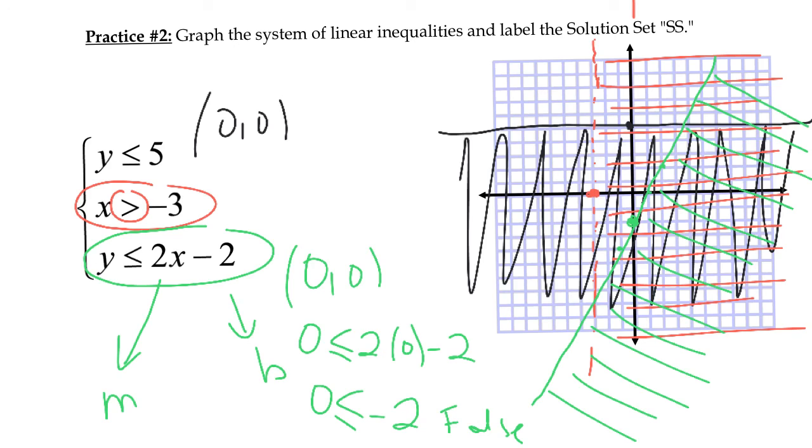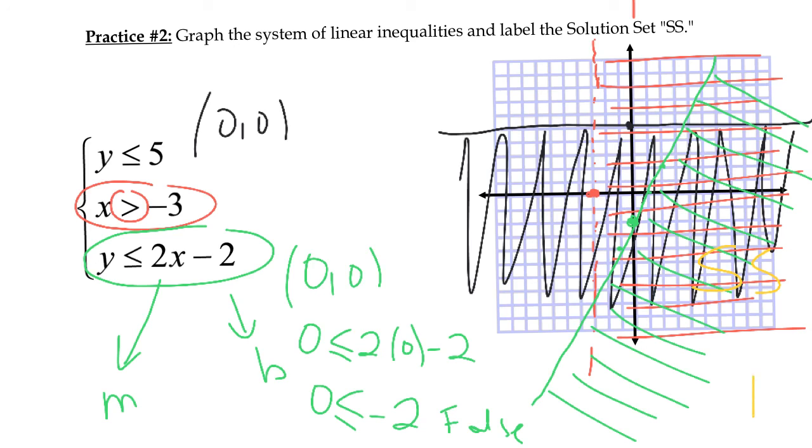So again, take a look at this picture and tell me what part of the graph you shaded 3 times. In other words, look at the area that is at the same time green, red, and black. Okay, and if I use yellow, it will be here.